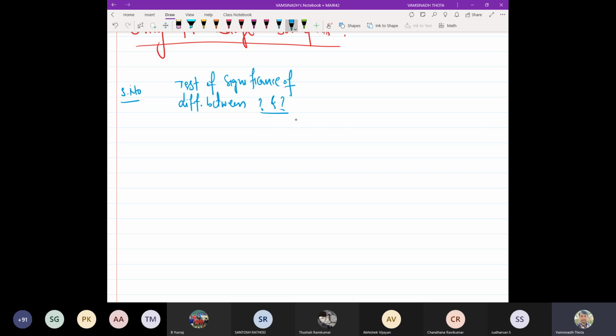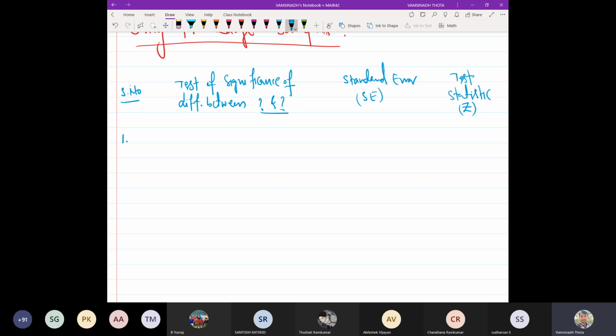Now, what is the corresponding standard error? And what is the corresponding test statistic we should apply? This is very important. The test statistic we generally represent with Z.